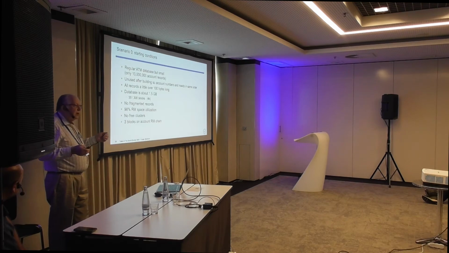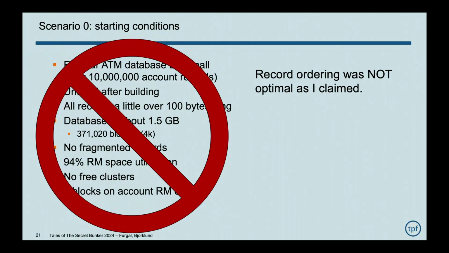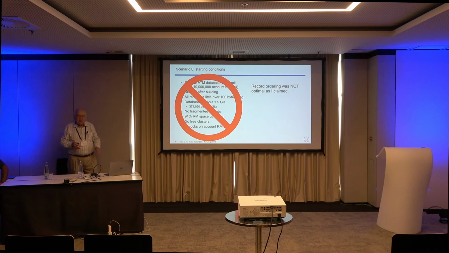That's not true. So that was a lie. An accidental one, because I'd built this database so many times over the years, I didn't even think about it. I just built it. I picked the size I wanted and built it.